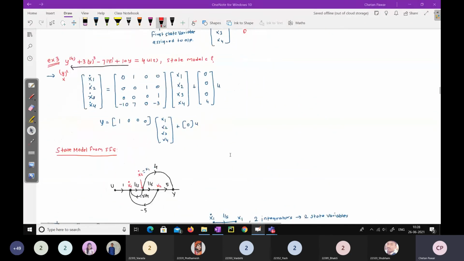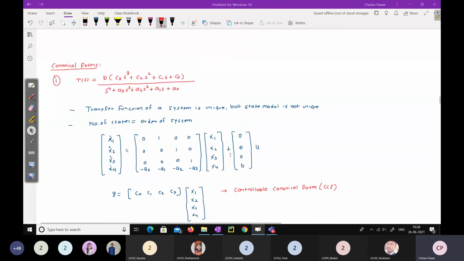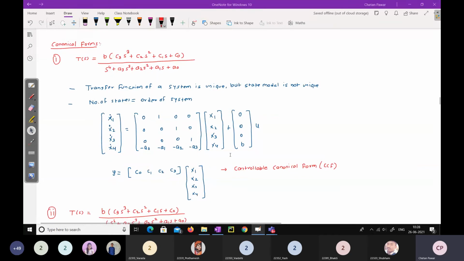First I will tell you how to determine those forms using a transfer function, a shortcut technique only. Here you can see the first transfer function. Now I will show you the controllable canonical form. So this is the transfer function.